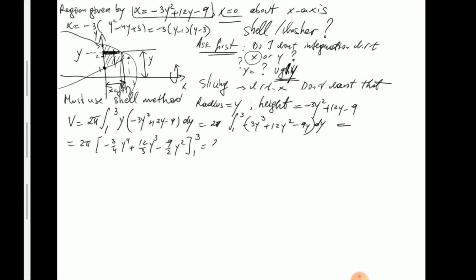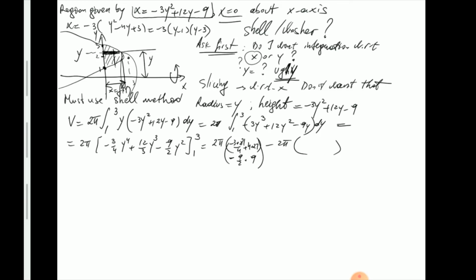This is going to be a little bit messier, so let's set up the two parentheses, and you can compute it yourself to check it. So if I plug in 3, that's going to be minus 3 times 81 over 4, I don't think I have enough room here, so plus 4 times 27, and then minus 9 over 2 times 9.